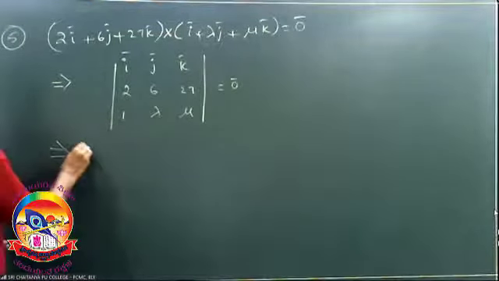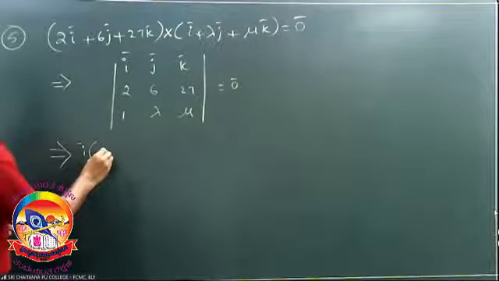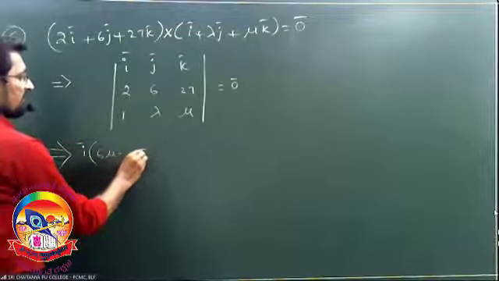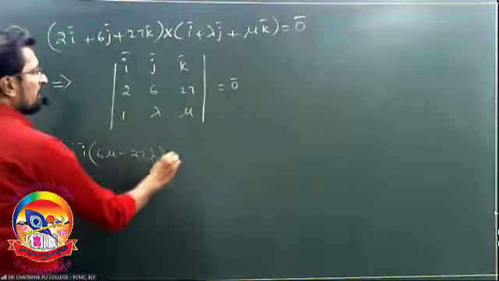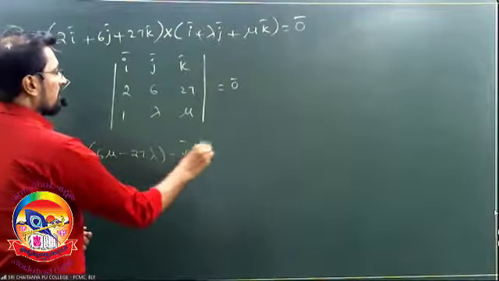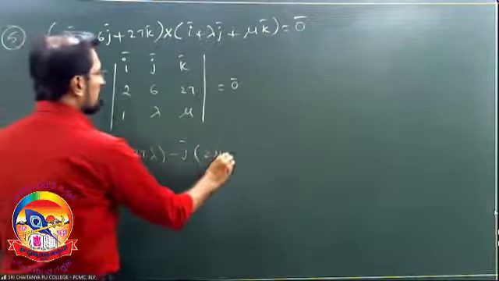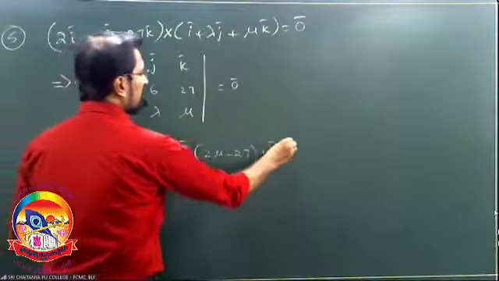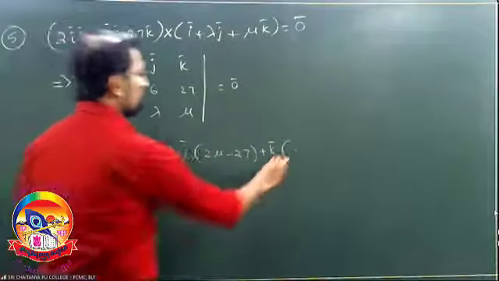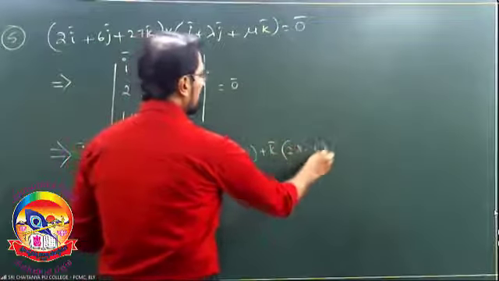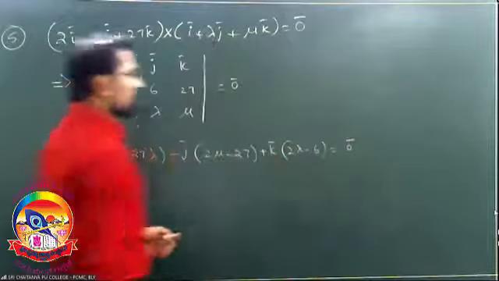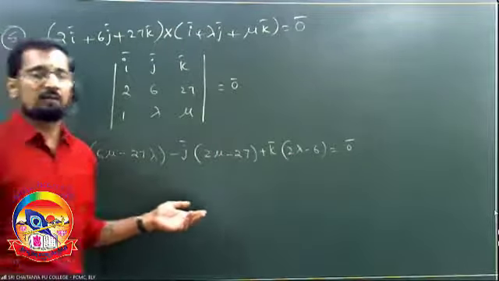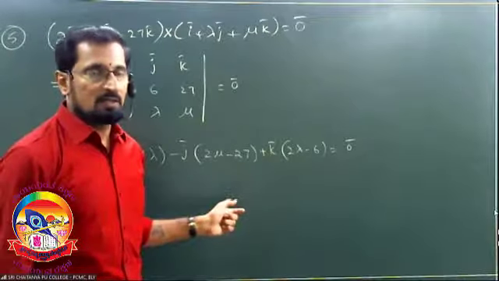How? i bar into 6 mu minus 27 lambda, minus j bar into 2 mu minus 27, plus k bar into 2 lambda minus 6, is equal to the null vector. I am going to repeat it. I have not done anything else rather than expanding the determinant.